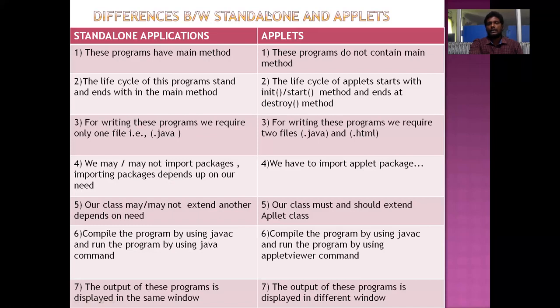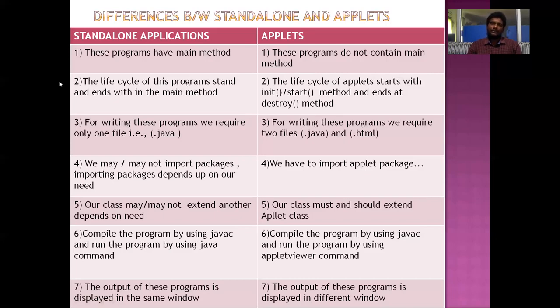One is the .java file, and the second one is the .html file. Because we have seen the definition of an applet: an applet is a simple Java program which will run on a Java-enabled web browser. When we are working with web browsers, we need to have the HTML code. Without the HTML code, we cannot work with web browsers.